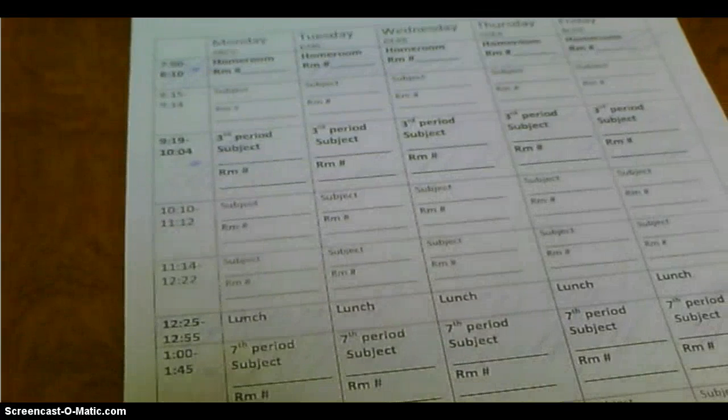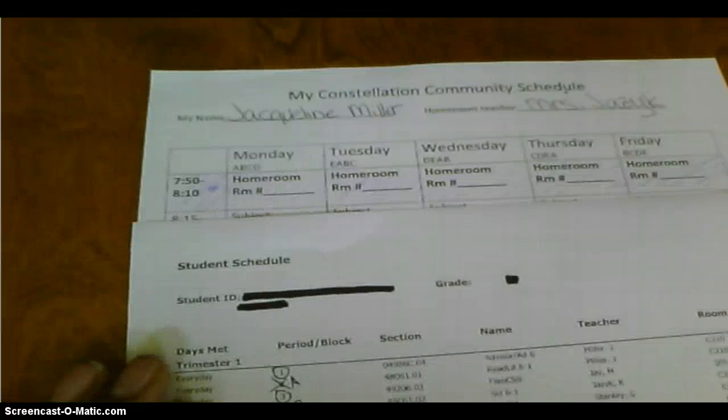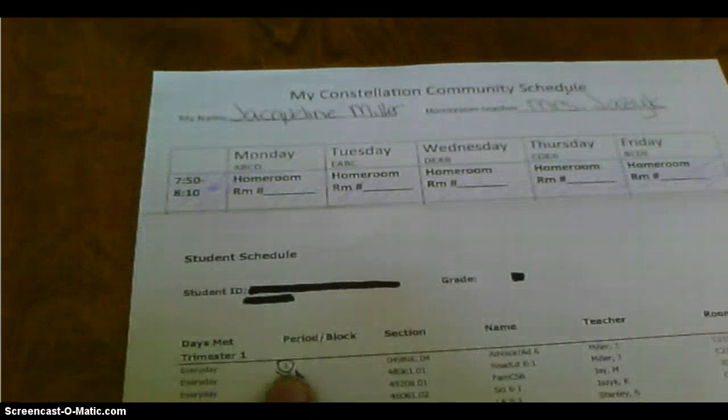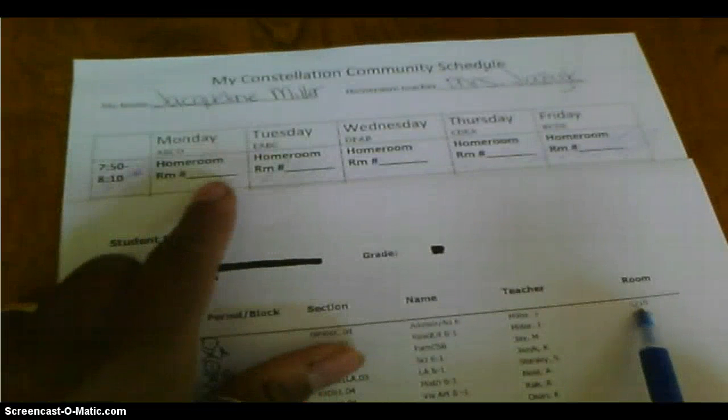Now, what I would like for you to do is look at your schedule. Please look at what you have for number 1. Number 1 is homeroom. On the schedule it says advisor. That's the same as homeroom. All the way over to the side you can see the room number. So please go ahead and fill in on your schedule up here the room number.